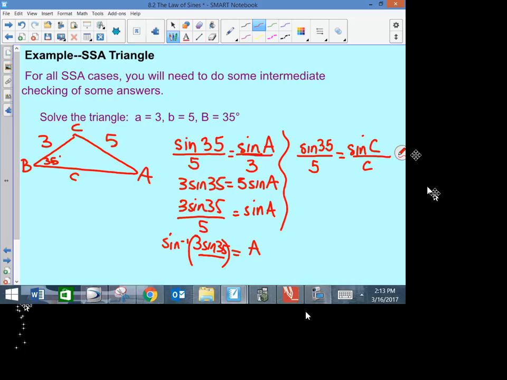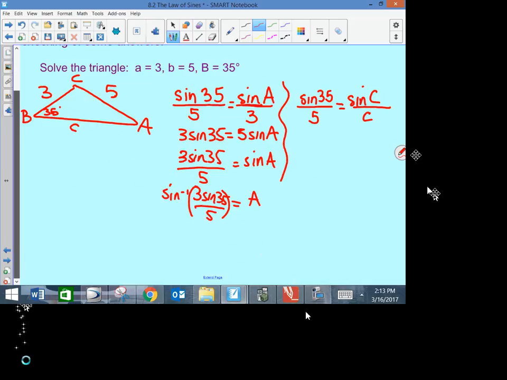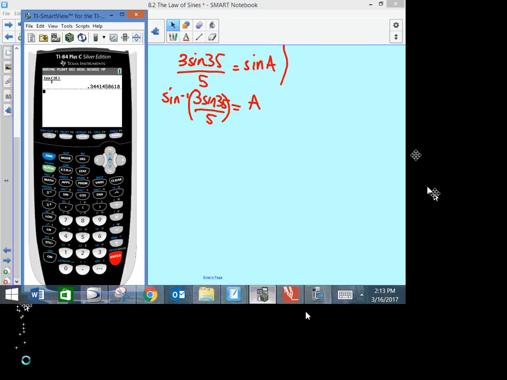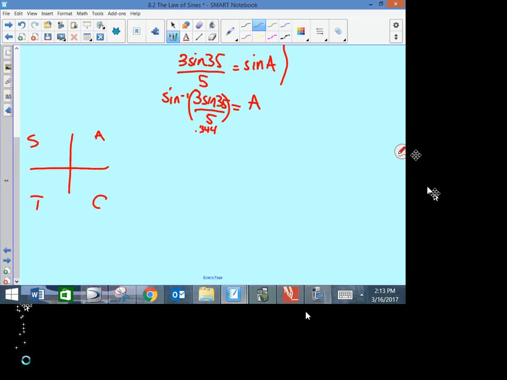Now, here's where we need some background information. We take the inverse sine, and this was positive, I believe, right? This was 0.3441.